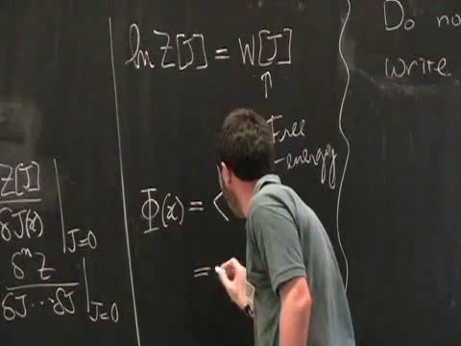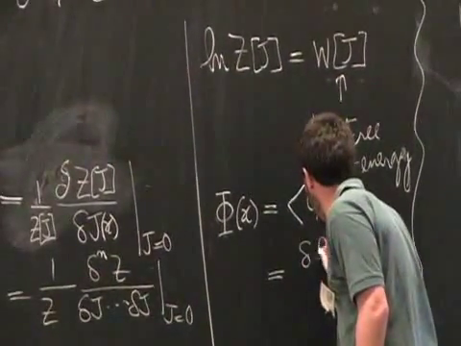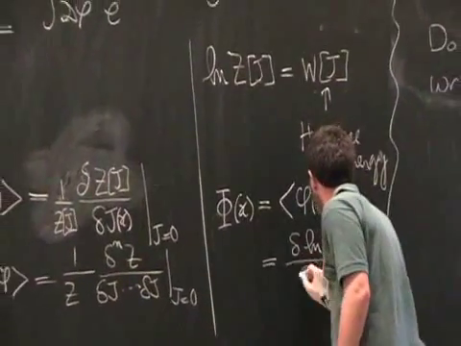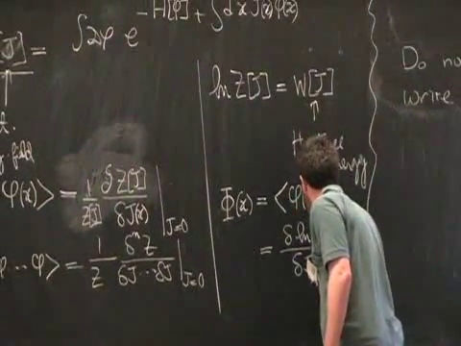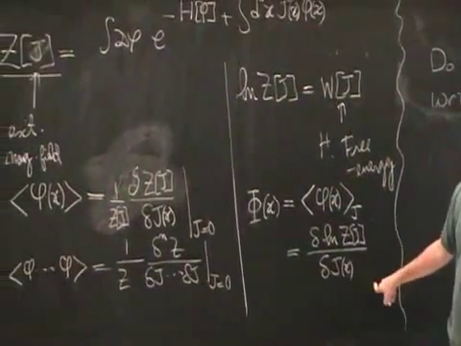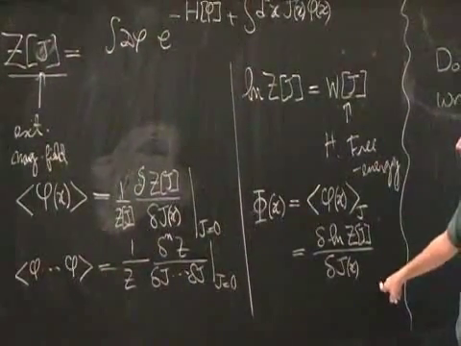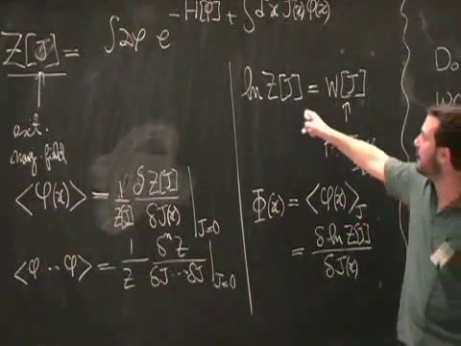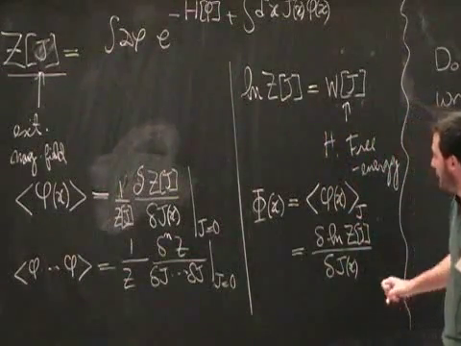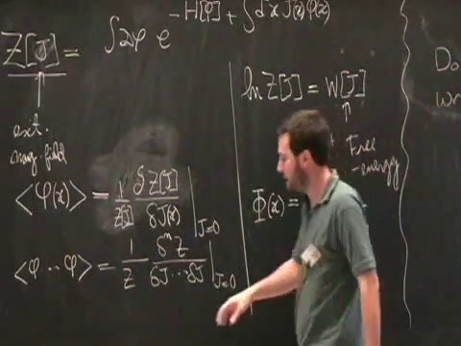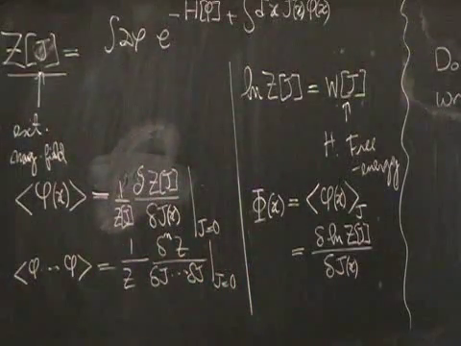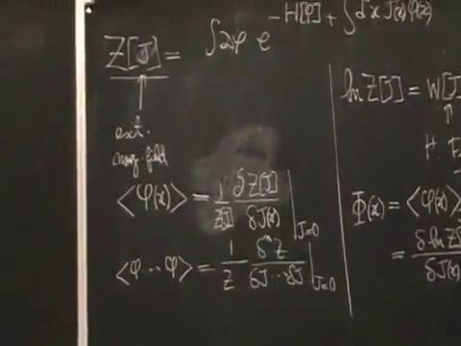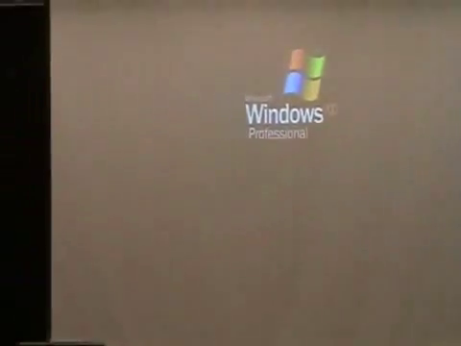And this is nothing but the derivative of the logarithm of Z_J with respect to the source, but without putting the source to 0. So instead of looking at a free energy as a function of the external magnetic field, I will look at a free energy as a function of the local magnetization, the mean local magnetization. Okay?